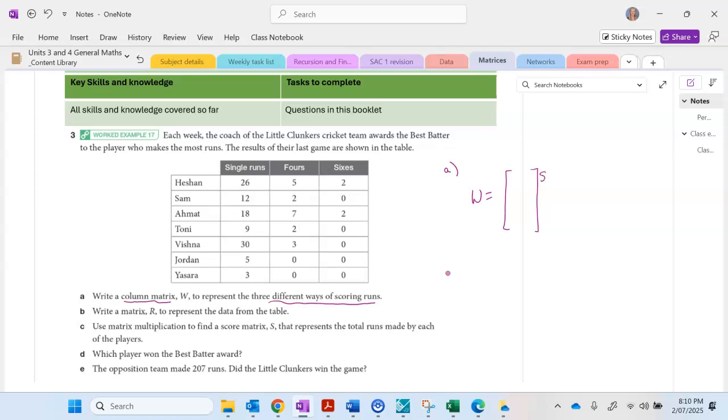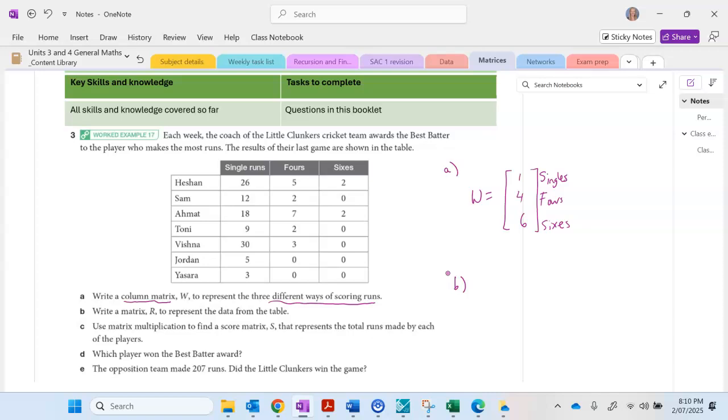Let's just write single because we've got 2 S's, fours and sixes. I don't think we can put anything in there unless we got 1, 4 and 6, so the different ways of scoring runs. All right, let's see how we keep going. We might have to use that in a sec.